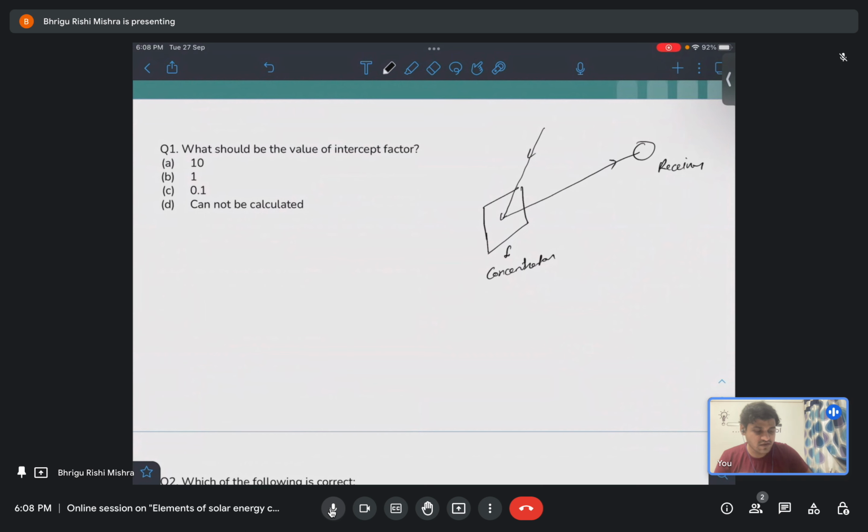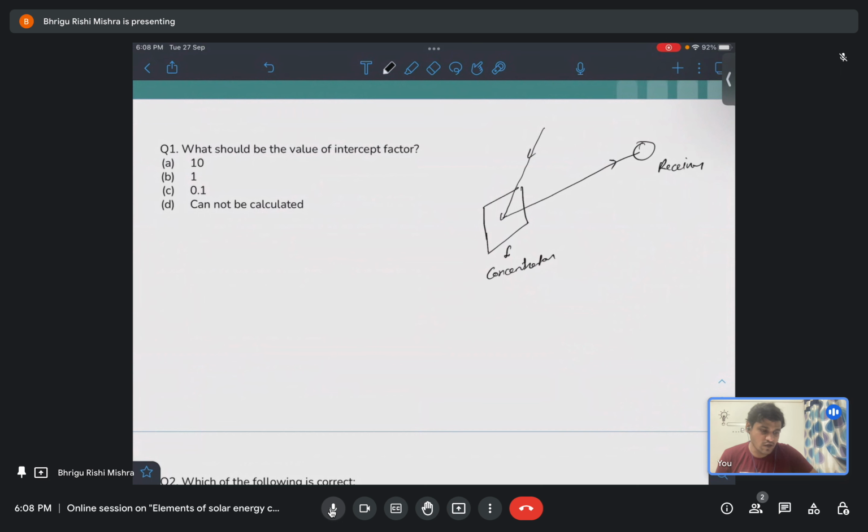Okay, and then the receiver has the absorber which absorbs it, and then further this absorbed energy is used for several applications, mainly to produce electricity.